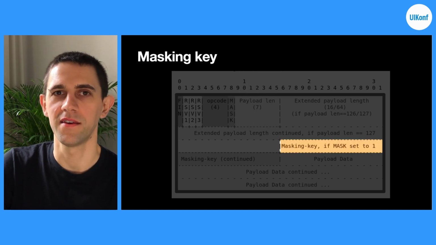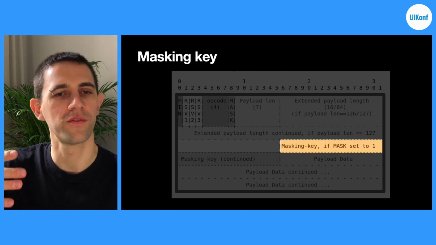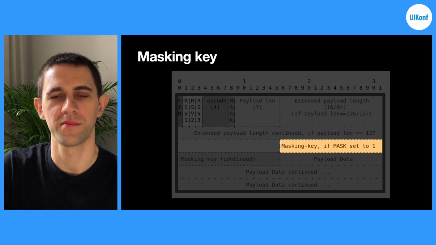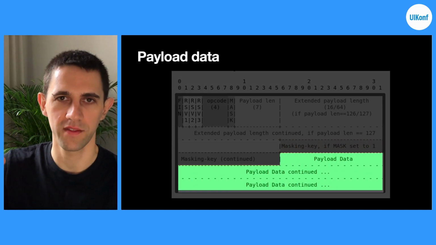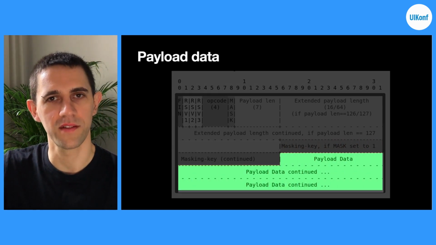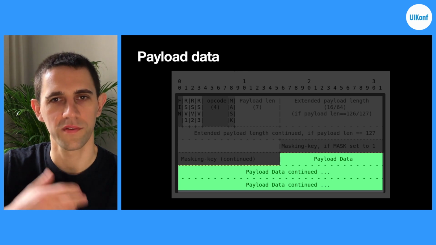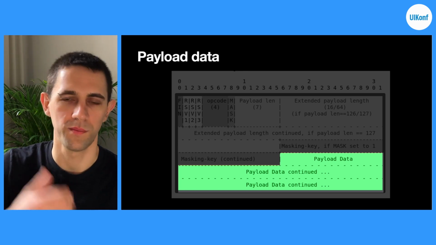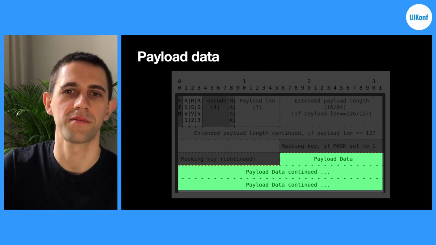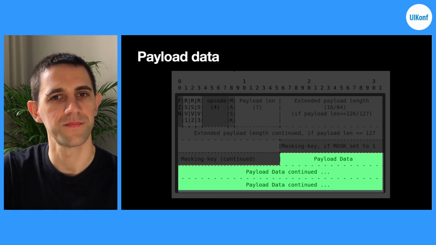The masking key is used to ensure that bad proxies or attackers cannot abuse the connection. And the payload is the actual data we want to send to the other side, and its length comes from the payload length field, so basically when we need to stop reading from the stream.